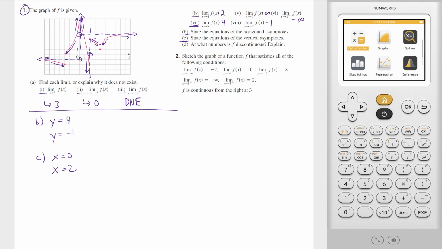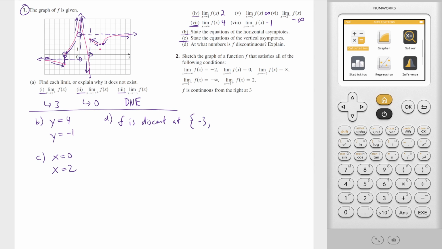And now let's look at D. At what numbers is f discontinuous? Right here we have a discontinuity. It's a jump, where the function goes from down here at -2 up to 0, and that's at the x value -3.